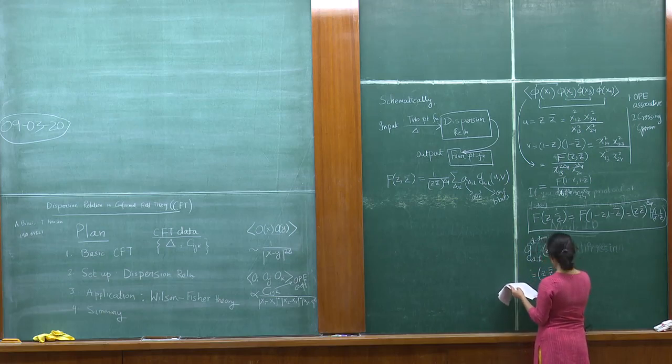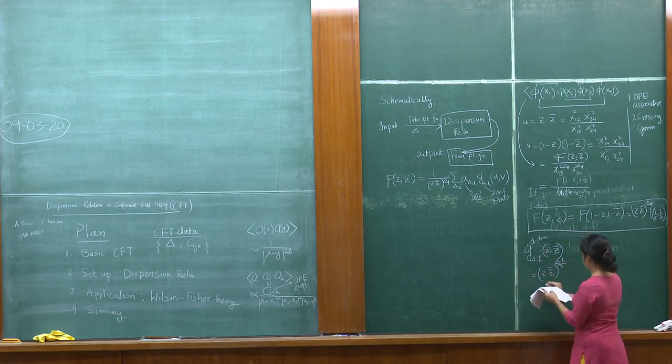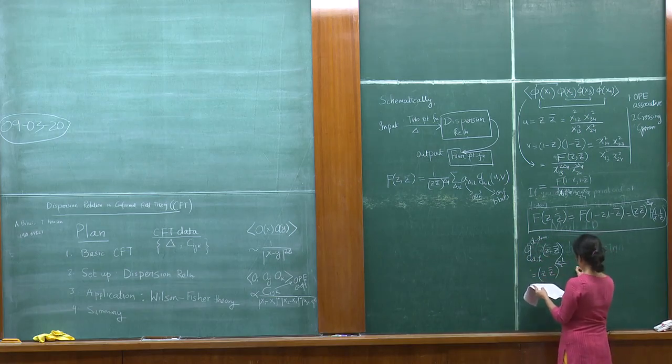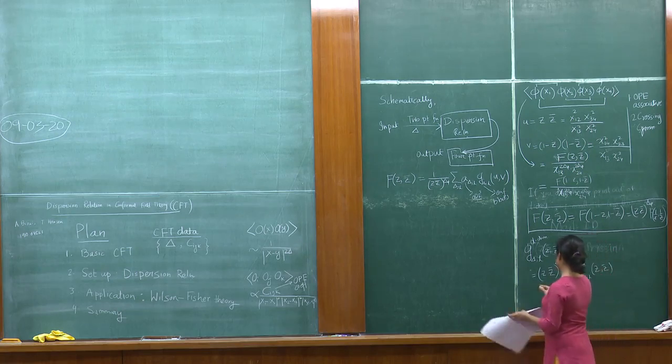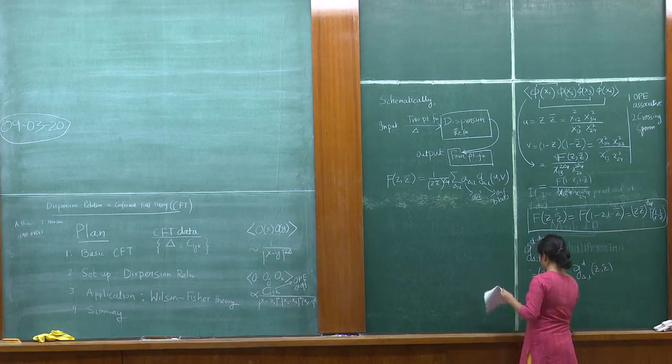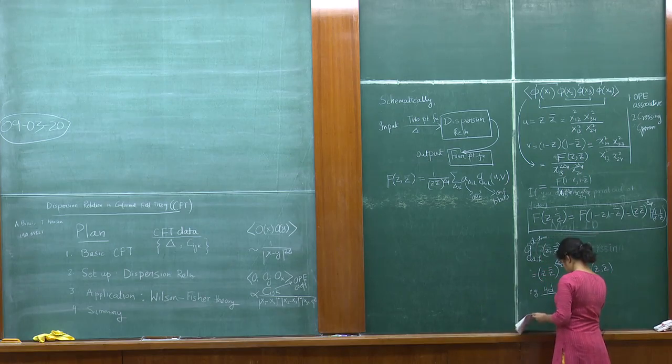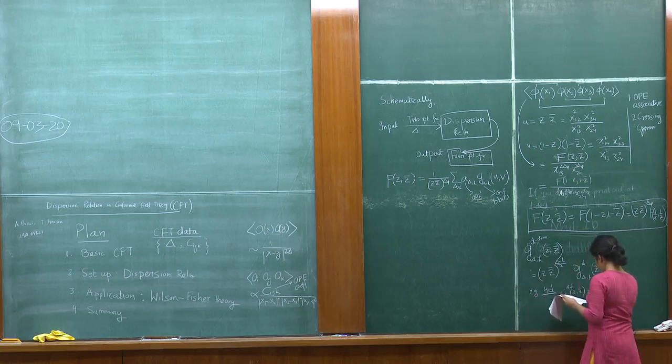has 2 different factors. It has a power law in terms of z z-bar, and the rest we call G tilde. Let me write down the 4D blocks for simplicity, which is the product of this z z-bar power and some hypergeometric functions.